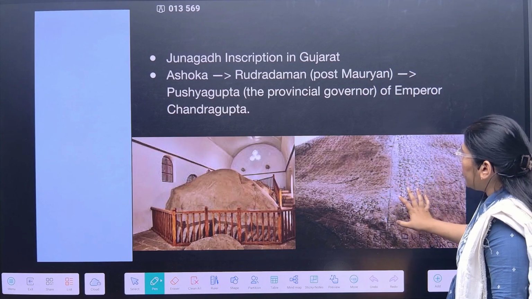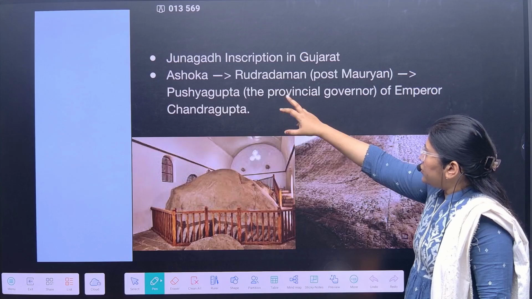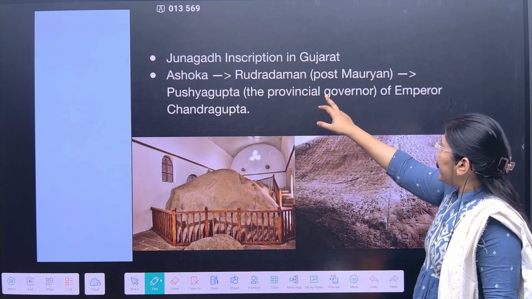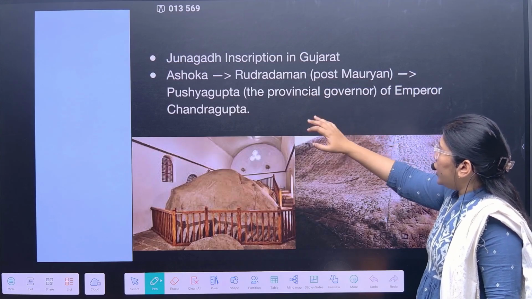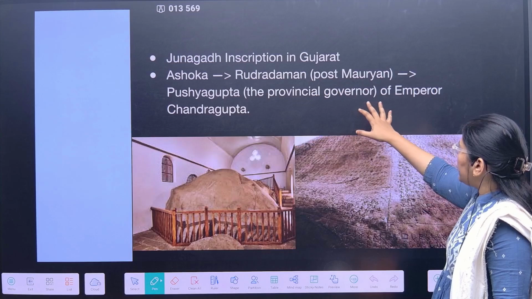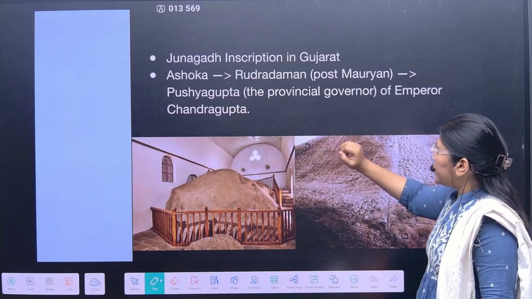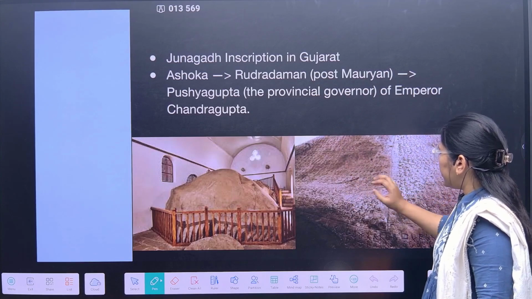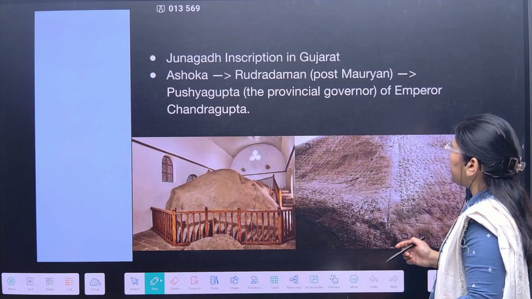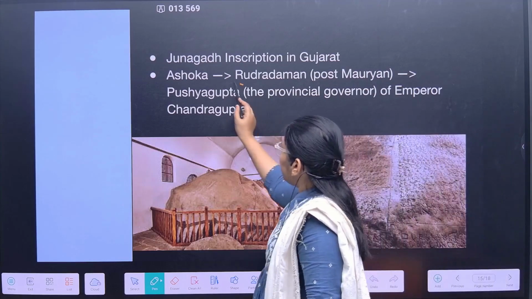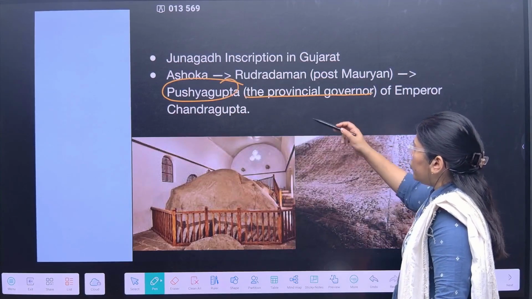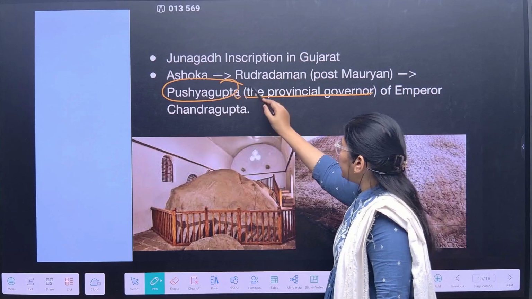So here Ashoka is also noted as Rudradaman. Pushyagupta, who was the provincial governor in the Chandragupta Mauryan period, not Ashoka, Chandragupta Mauryan period. So Pushyagupta was the provincial governor.